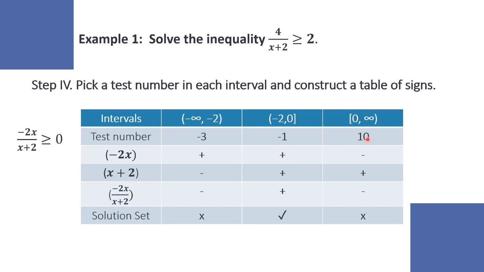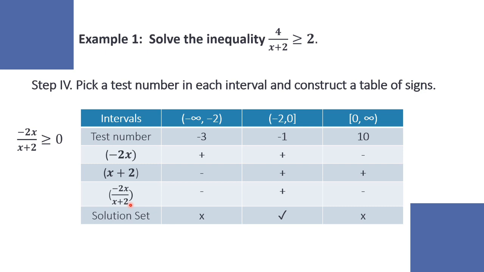Then 10: negative 2 times 10 is negative 20, so this is negative. Next, x plus 2. If x is negative 3, negative 3 plus 2 is negative 1, negative here. If x is negative 1, negative 1 plus 2 is positive 1, positive. Next, 10 plus 2 is 12, so positive.